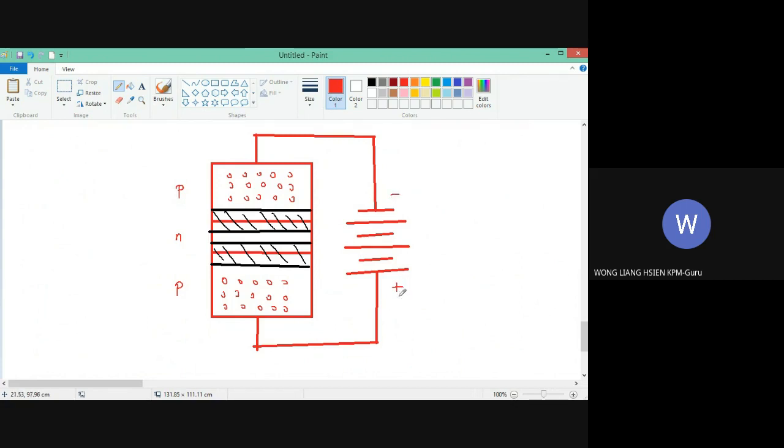So what happens? This positive will repel the hole. Remember, the hole represents positive charge, so this positive will repel the hole. Repel the hole, so the diffusion layer here becomes more narrow.